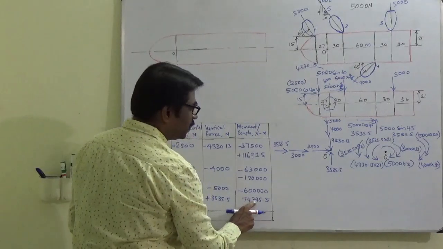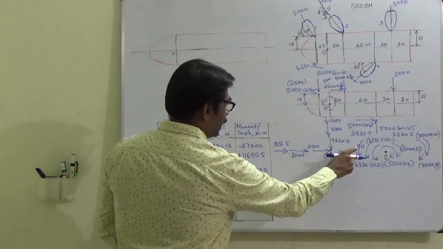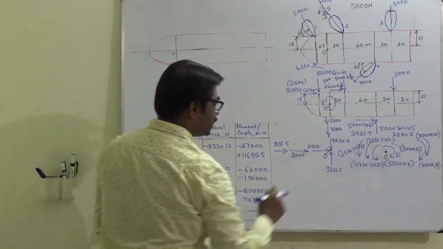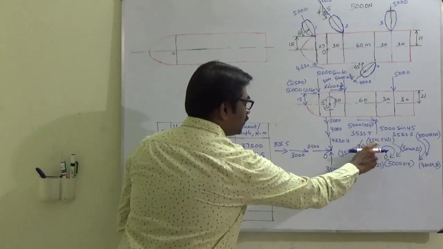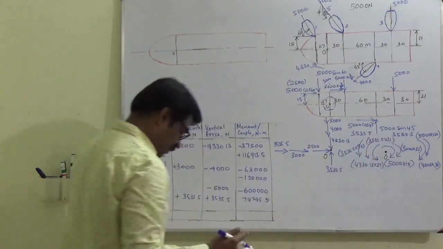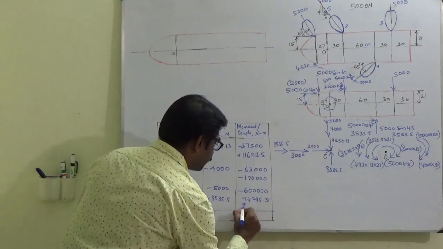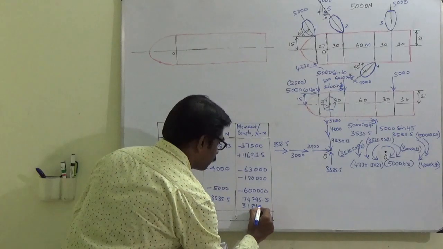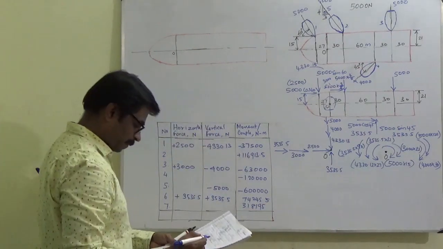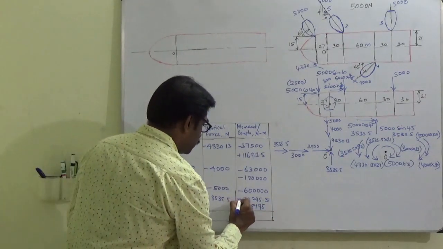So this value is for 90 into 90, and for 3535.5 into 21 we have 3181.95. Both are positive.